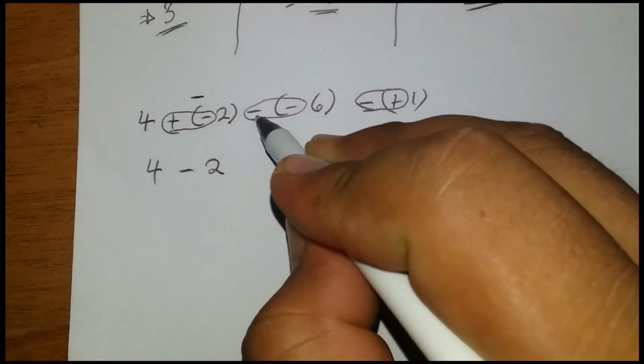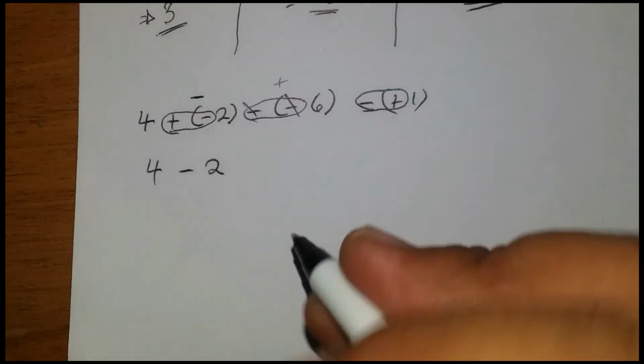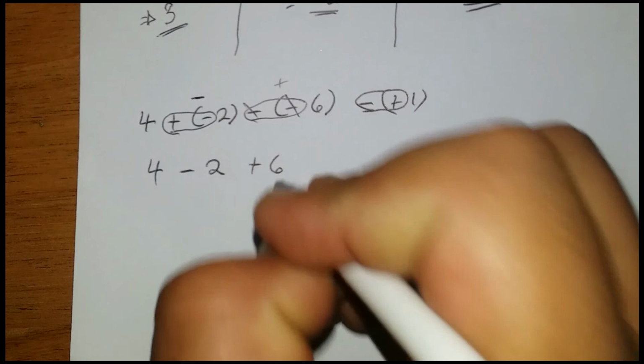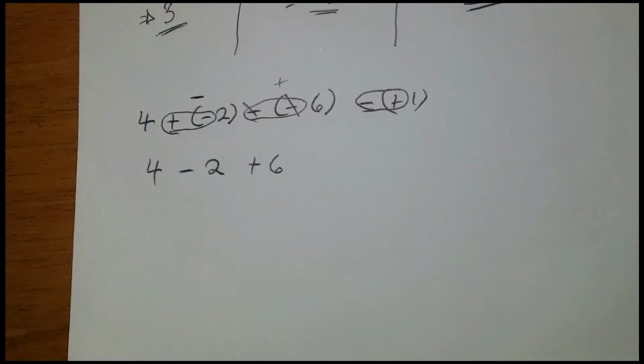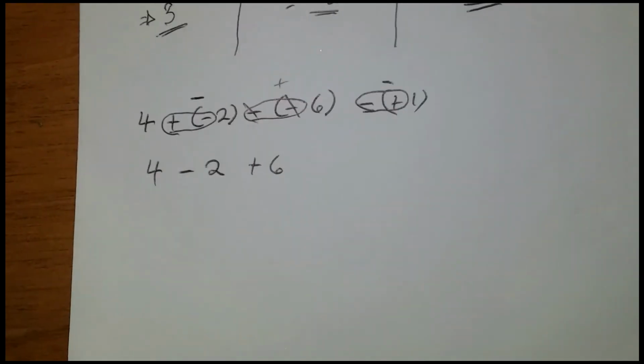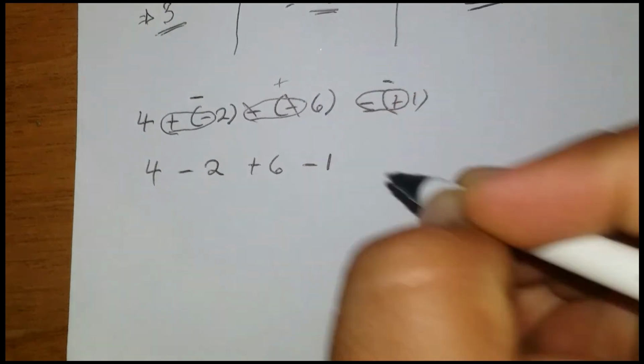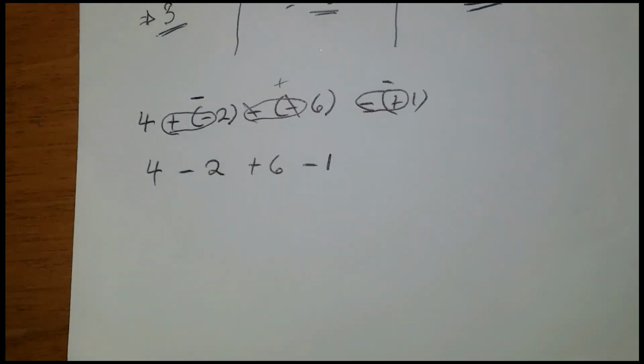I can quickly cancel those out, and I know my sign would be a positive 6 or plus 6. The other two signs I have are a negative and a positive. They cannot cancel out. So if they cannot cancel out, it is negative, which means I have a negative 1 here.